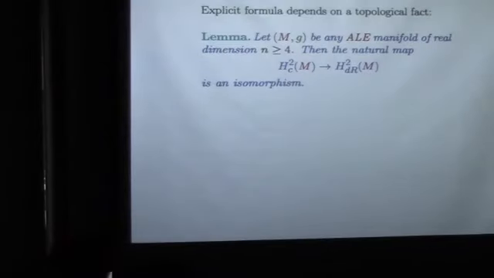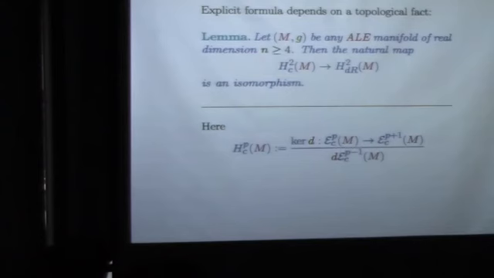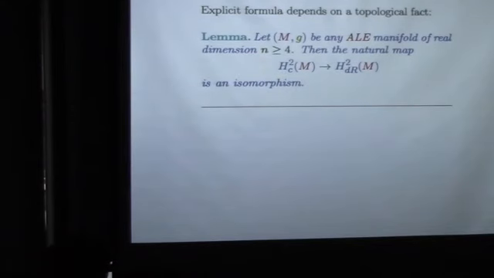The statement is that in dimension 2, this is always an isomorphism, assuming the manifold is ALE and assuming that the real dimension is at least 4. So again, this is compactly supported cohomology. Since this is an isomorphism, let's introduce some notation for its inverse.